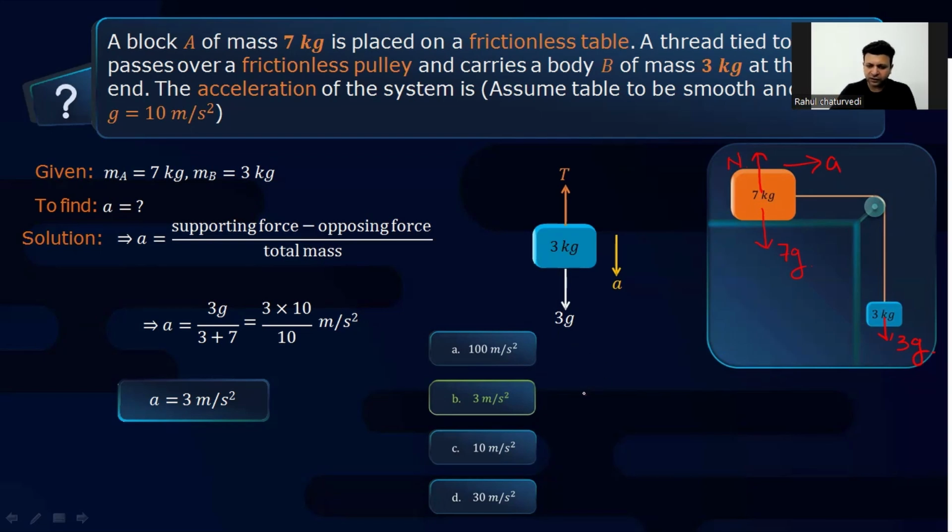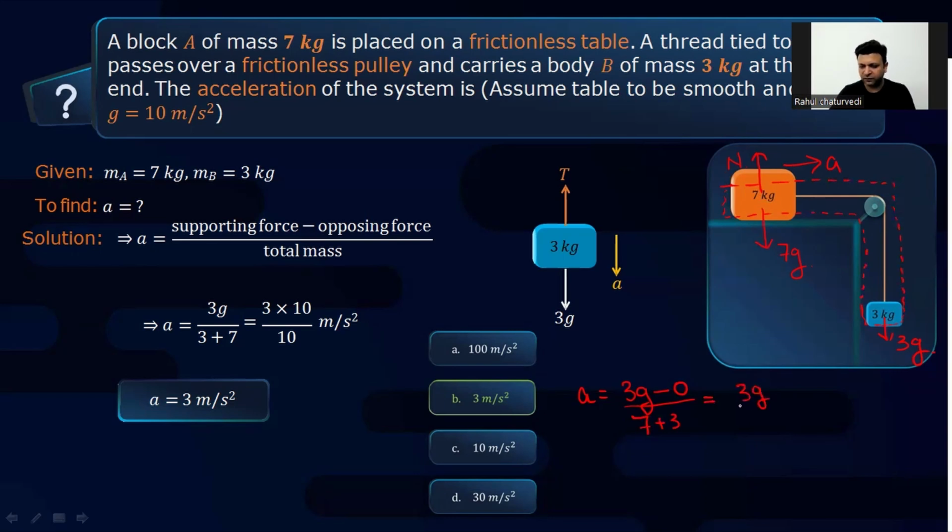So acceleration will be equal to supporting force minus opposing force divided by total mass. So for this particular system, total mass is 7 plus 3, so 7 plus 3 is 10.